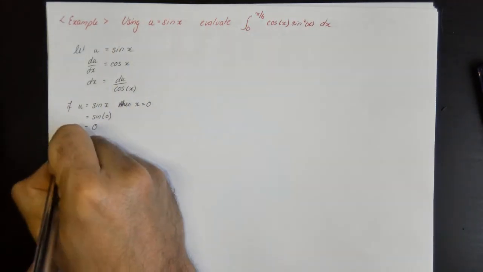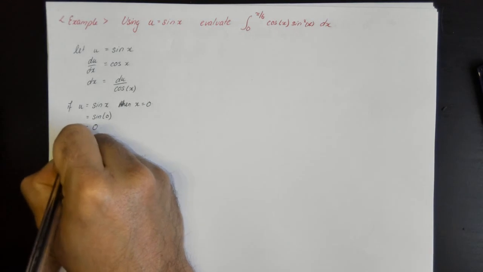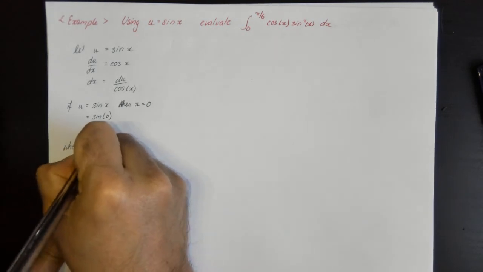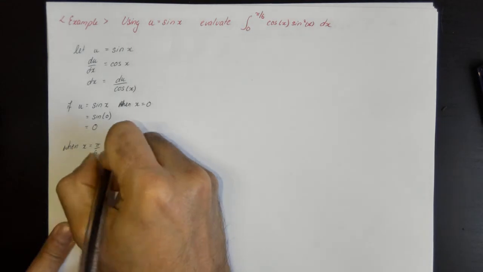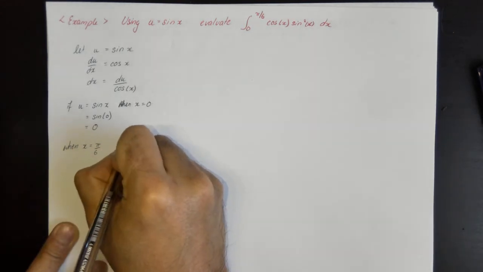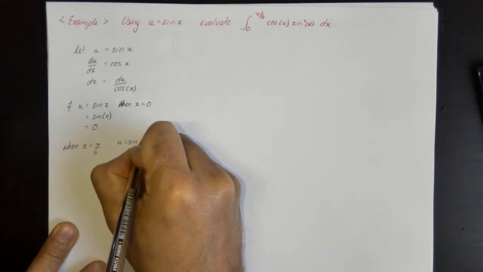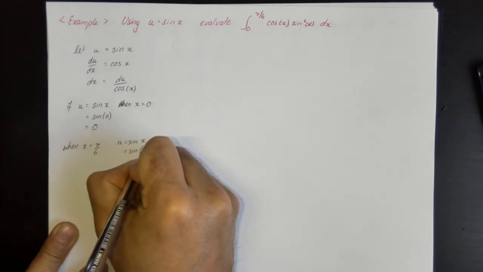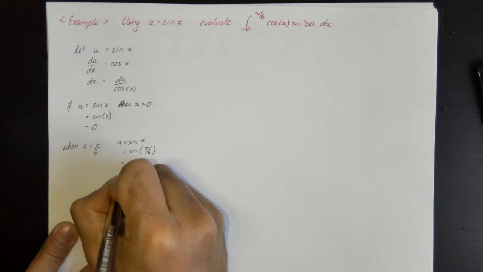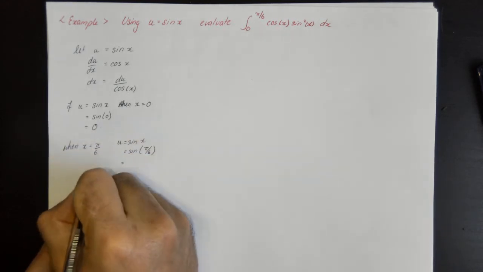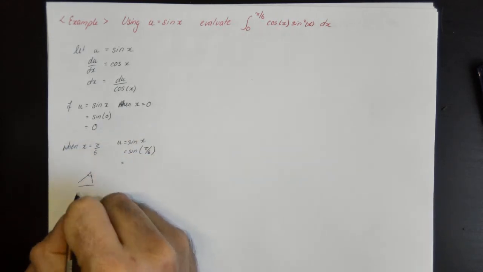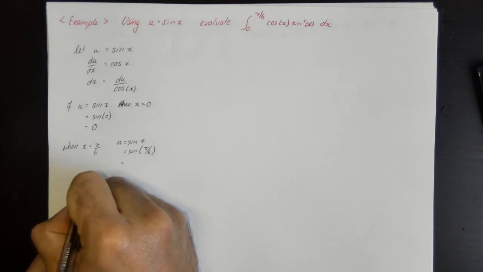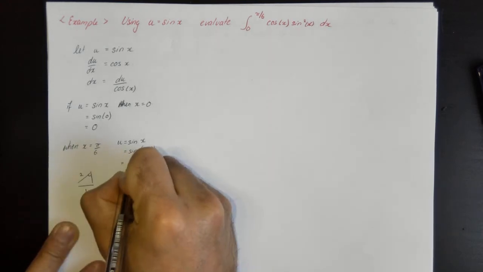And then when x equals pi on 6, we get sine pi on 6, and that's sine of 30, which is a half.